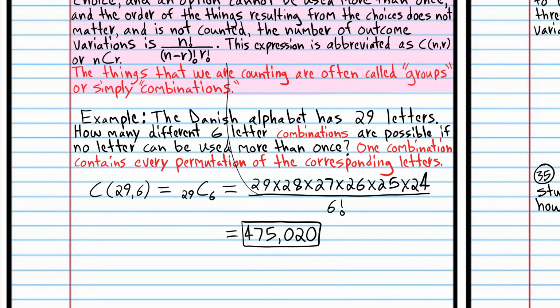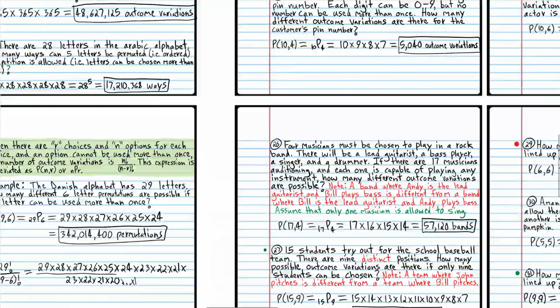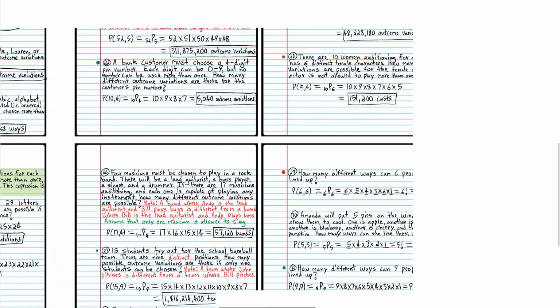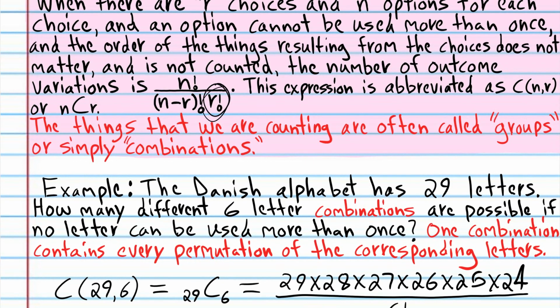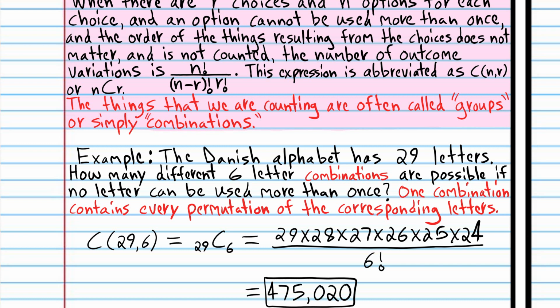Now notice that we have this expression here. This expression is exactly the same as the expression that we had for permutations without repetition. Same expression. The only difference is now we're going to divide by r factorial, because for every group of things we have, in this case, 6 factorial permutations, r factorial permutations.